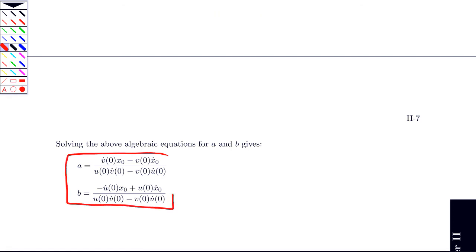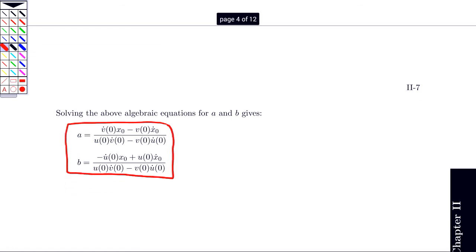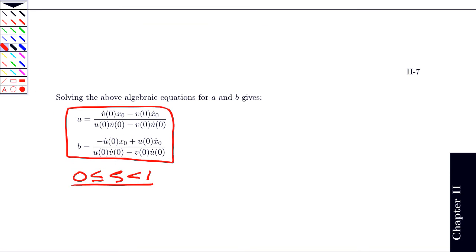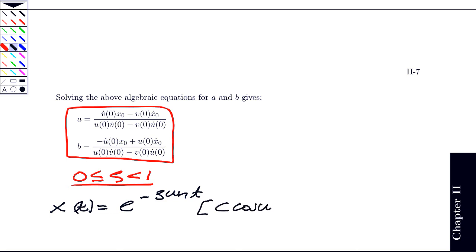But let's do it in particular for the underdamped case, for the damping ratio between 0 and 1. We saw that the solution form, x of t, is equal to the exponential e to the minus zeta omega n t times c cosine omega d t plus s sine omega d t.